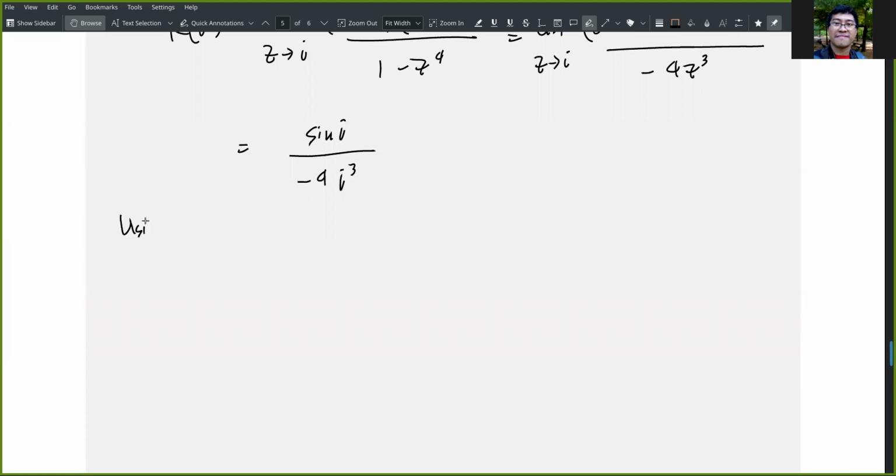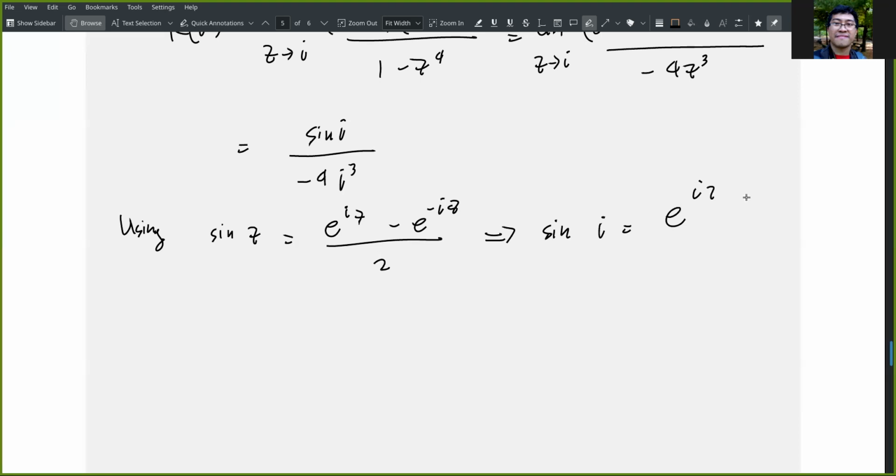Using the formula sine z equals e to the iz minus e to the minus iz, divided by 2, we have sine of i equal to e to the i times i minus e to the minus i times i, divided by 2i.